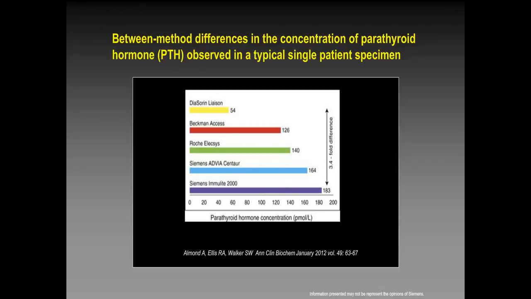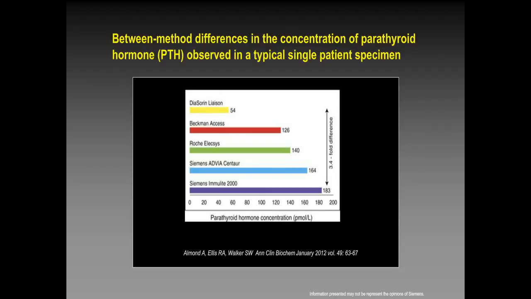So here are various commercial PTH assays that are available, and it gives you an idea of the between-method differences in concentration of parathyroid hormone that you might get in a single PTH sample. They range here from 54 in this particular assay shown at the top to a value of 183 as seen here in another assay.